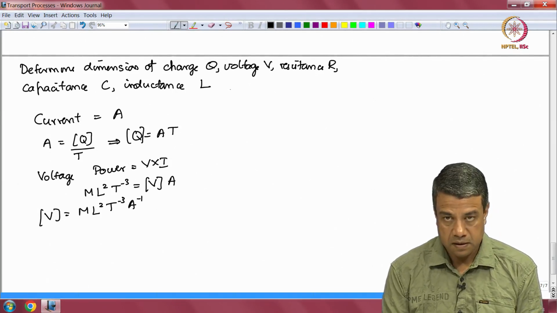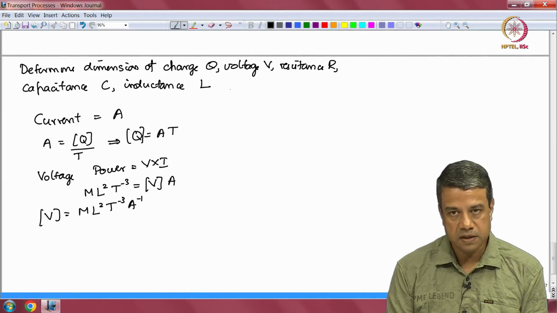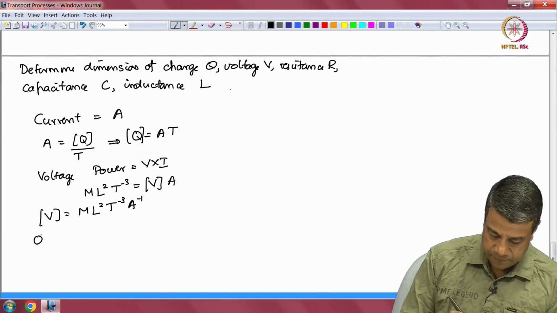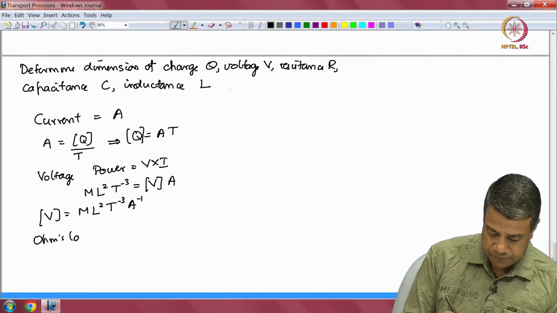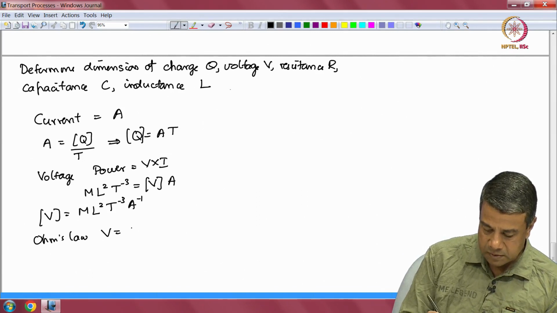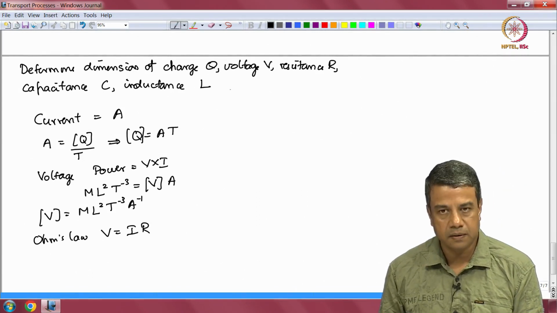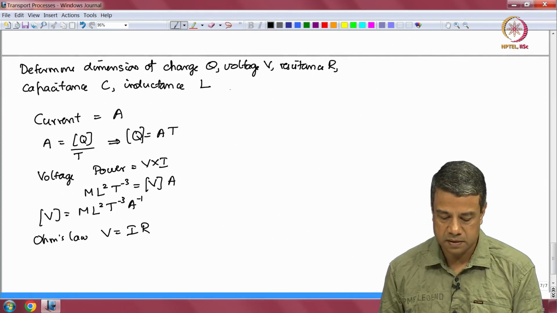Resistance: I know the dimension of voltage, I know the dimension of current, and you know Ohm's law, V is equal to I R, where I is the current and R is the resistance.